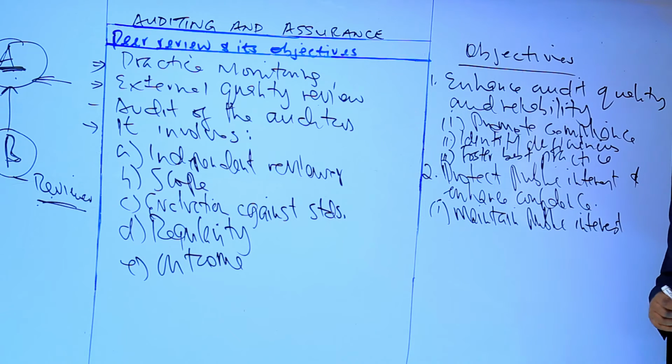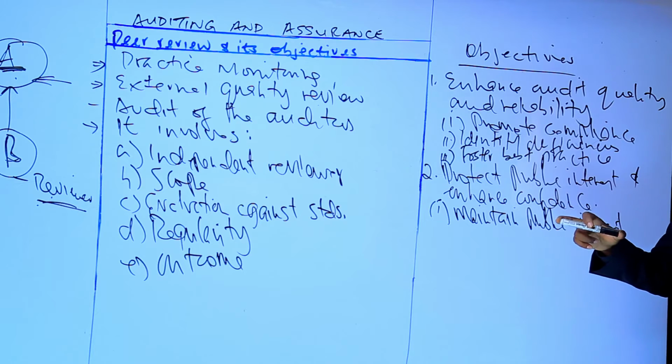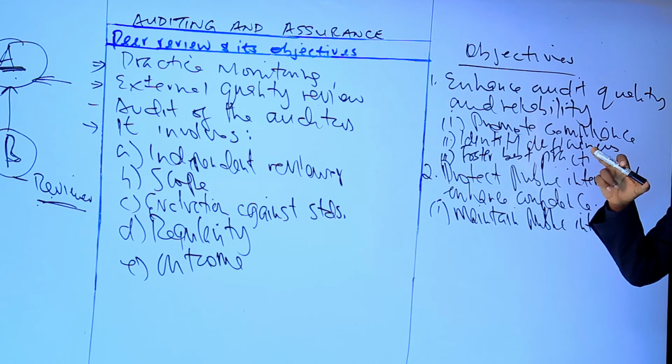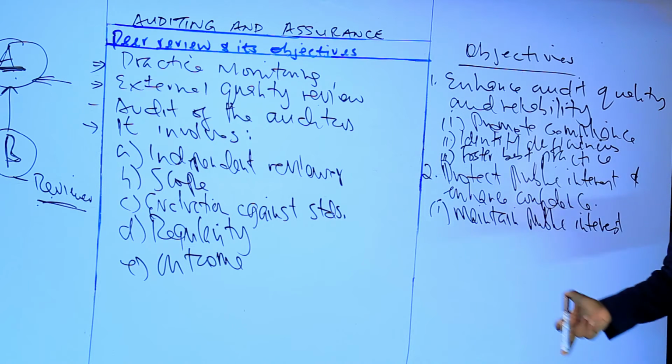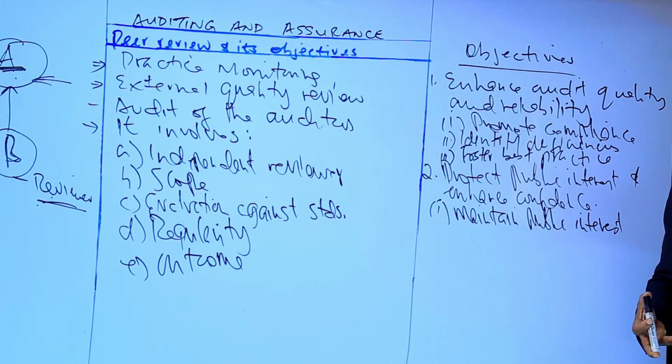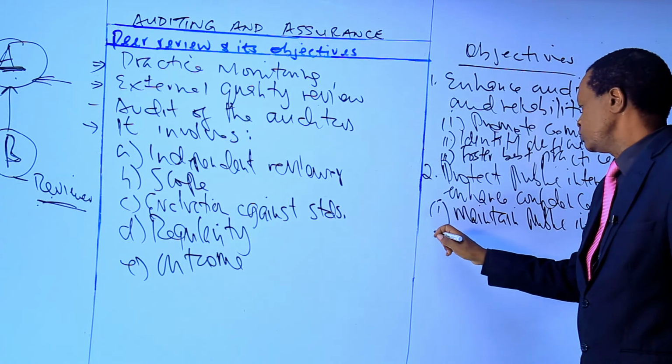To maintain public interest is to assure the public, the regulators and other stakeholders that the firm is committed to quality and is being held accountable by their peers, thereby enhancing confidence in the integrity and reliability of audited financial information.